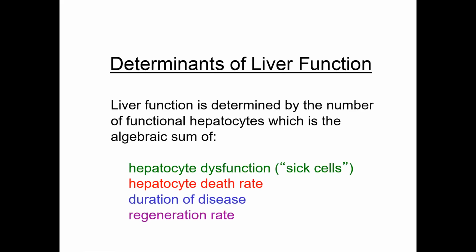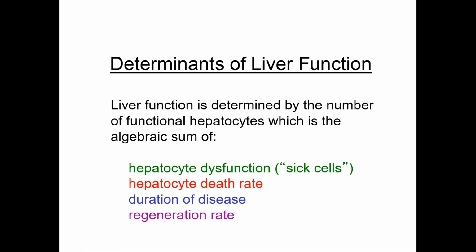So then how do you assess liver function? There are certain variables that you need to take a look at. Liver function is determined by the number of functional hepatocytes, which is the sum of your hepatocyte dysfunction, or the number of sick cells, your hepatocyte death rate, plus the duration of the disease, plus of course the regeneration rate.